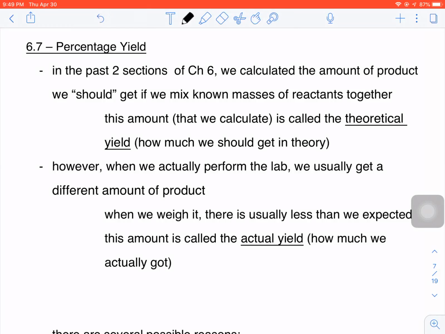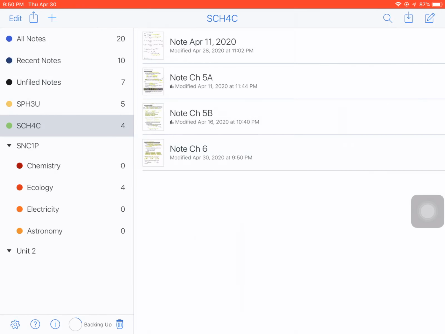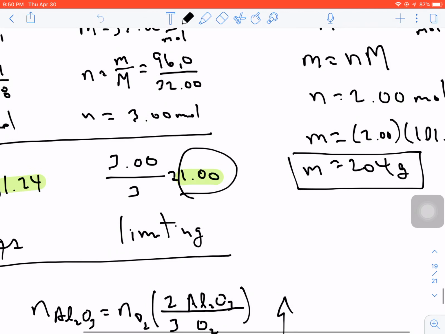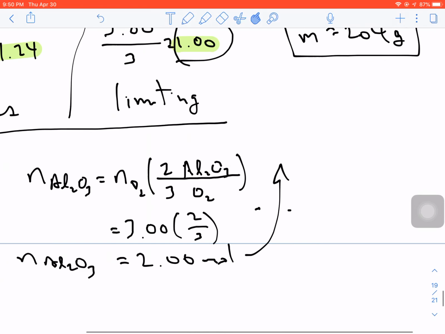So before I finish this last part of chapter 6, maybe I should do one sample problem from the homework from yesterday. I'm going to do one question from the homework, and then I'm going to move on to 6.7.